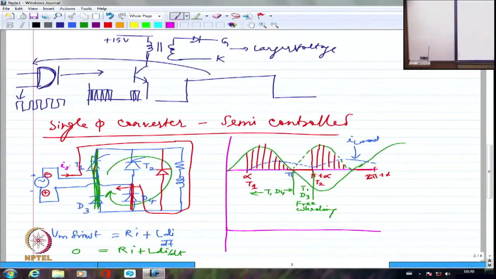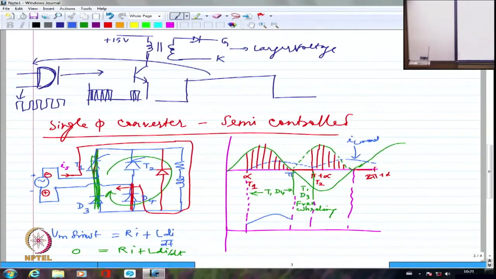So, from here, it is T1 and D4. I am going to have exactly whatever is the DC side load current, the same thing will come. Right? It is exactly the same waveform that I have drawn, I have taken as it is.